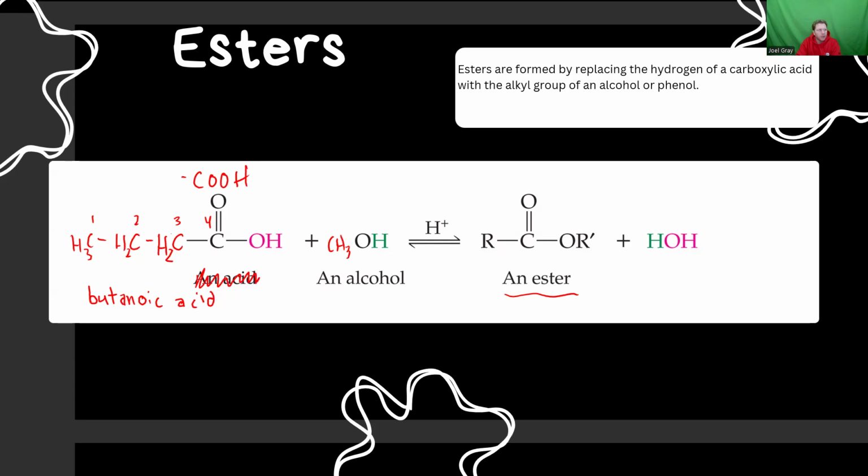And you could kind of go with your same prefixes. If you saw this, CH3COOH, well, what would we call that? That's one, two carbons, ethanoic acid.